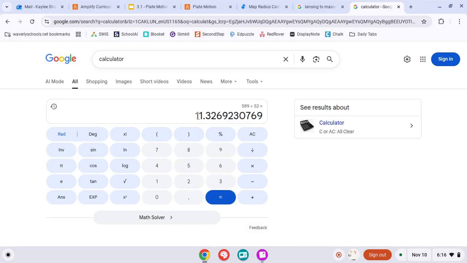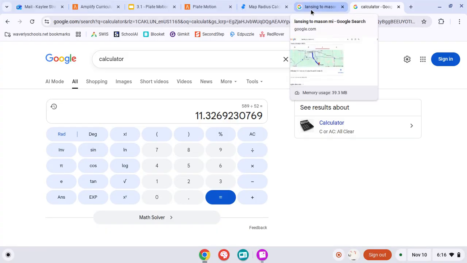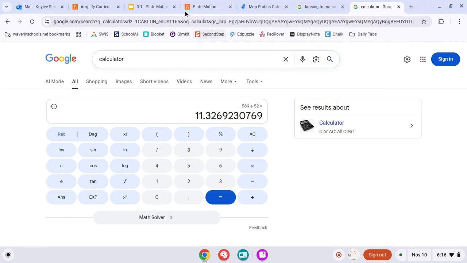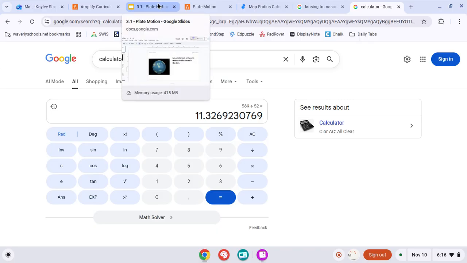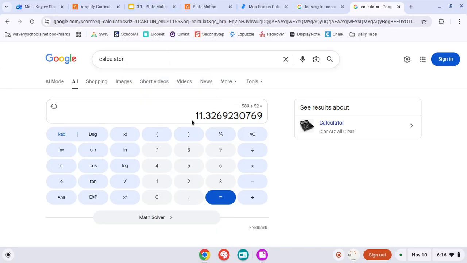So this is 11.3-ish. We're going to round to 11.3 kilometers per 1 million years. So it's not for just a singular year. This is not a rate for a singular year. It is a rate, though, for 1 million years.